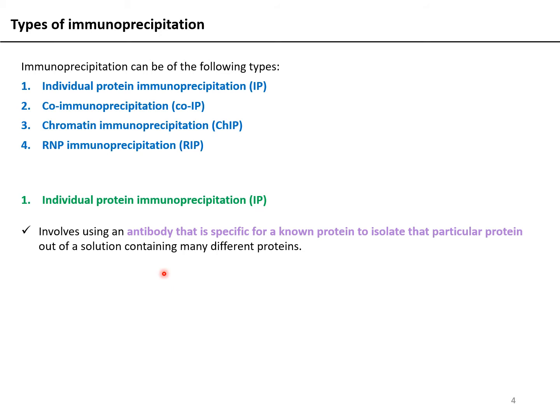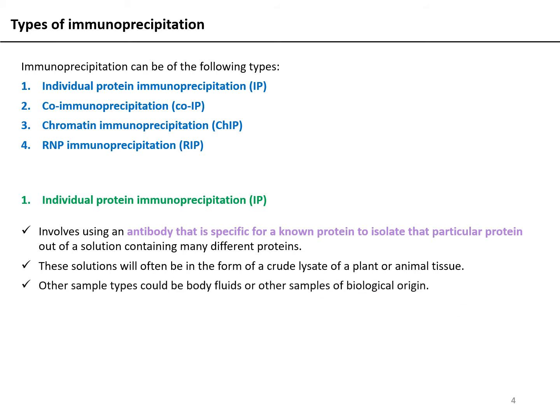The schematic that we looked at just now, or the methodology that we discussed just now, is the underlying principle for simple individual protein immunoprecipitation, wherein you have a particular protein in solution and you want to isolate that protein from that solution, so you add antibodies specific to that known protein. These solutions will often be in the form of a crude lysate of, say, a plant or animal tissue. Other sample types could be body fluids or other samples of biological origin.